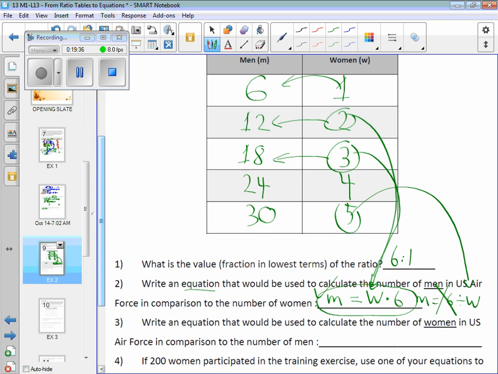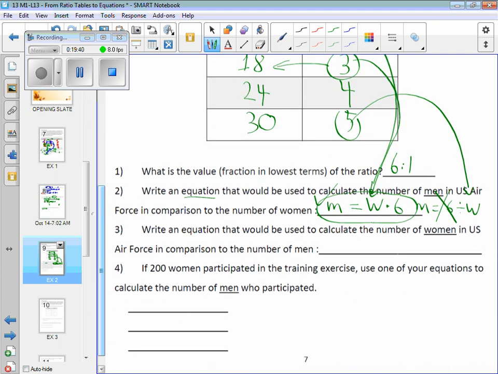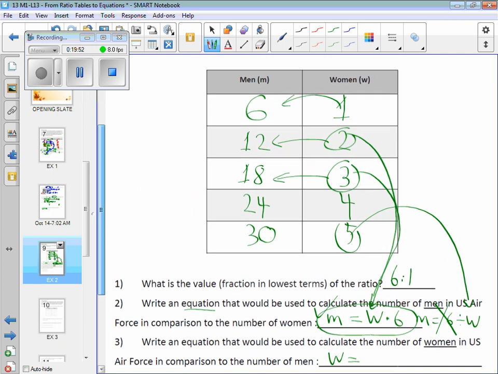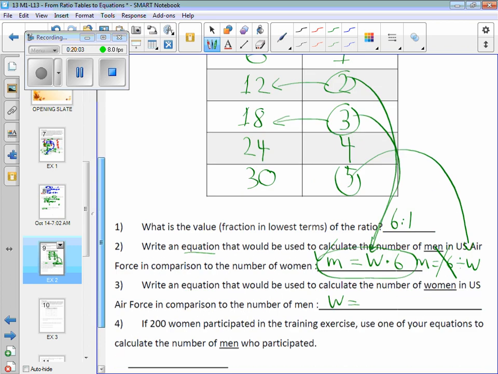All right, Andrew, you ready? Here we go. Write an equation that would be used to calculate the number of women. W equals. Now this is the hard one. You ready? I'm trying to find W. In order to get to this, what am I doing to this? Let's see if it works.